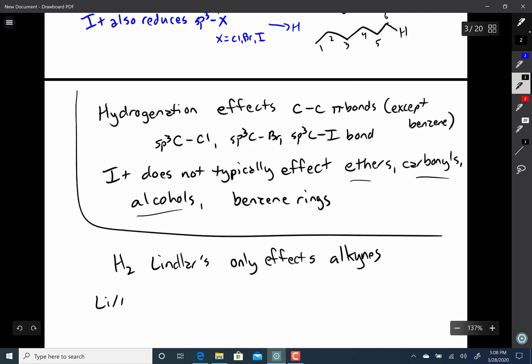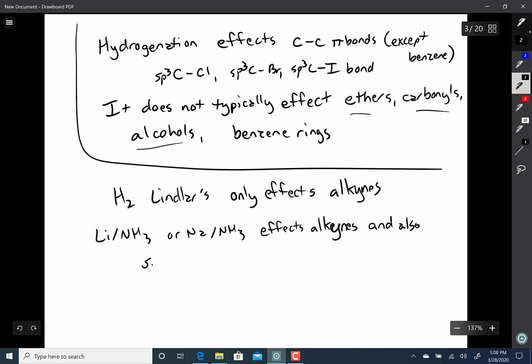The dissolving metal reactions affect alkynes and also sp3 carbons attached to good leaving groups.